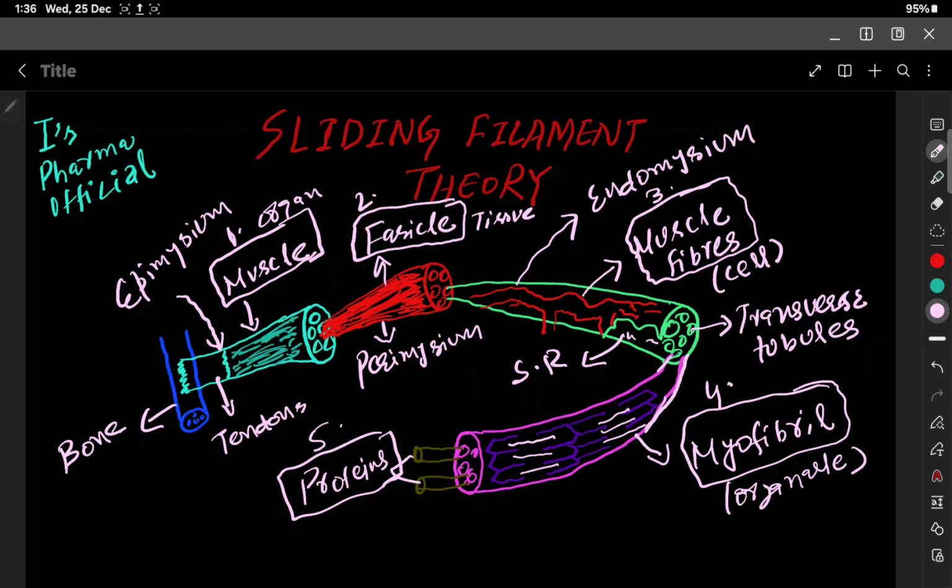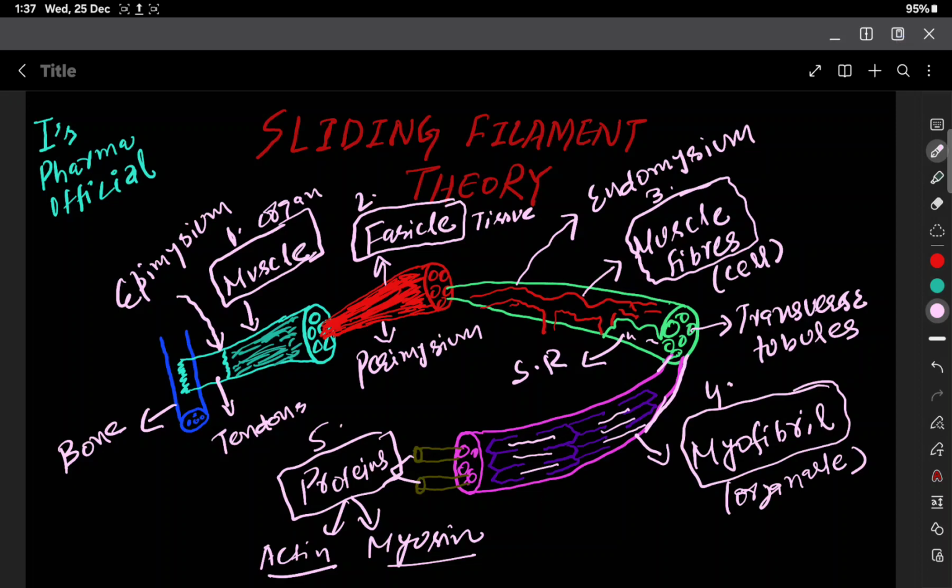Which two proteins are present mainly here? Actin and myosin. These are very important for the process of muscle contraction. So this is the organization of the skeletal muscle, how it is organized in our body.